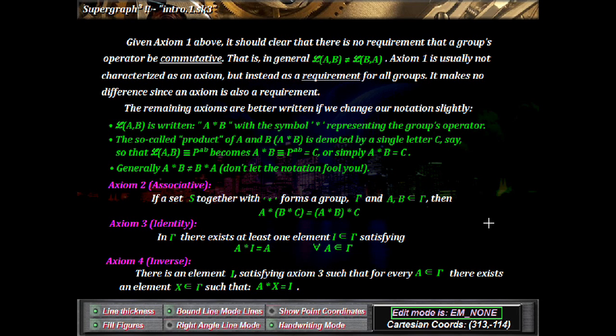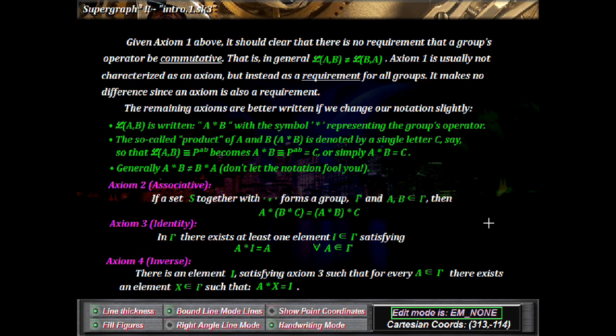It satisfies all 4 of these properties. So that's something that you can try to prove. All you've got to do is show that all 4 of these rules are satisfied for every single element of the set, and that the set is closed.